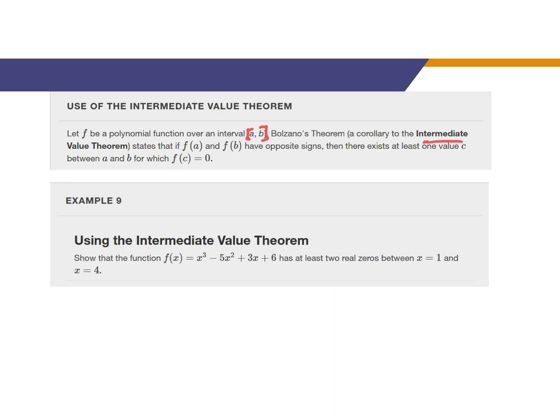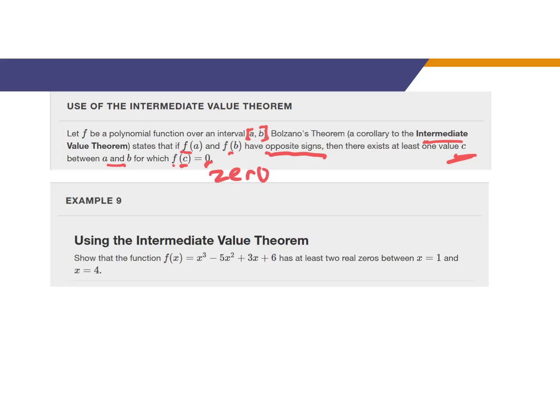I guess Bolzano invented it. He states that if f of A and f of B have opposite signs, remember I said one was positive, one was negative, then you know that there has to be at least a value called C, which is the 0, that has to be between A and B, where f of C has to be 0. That means that's a 0.